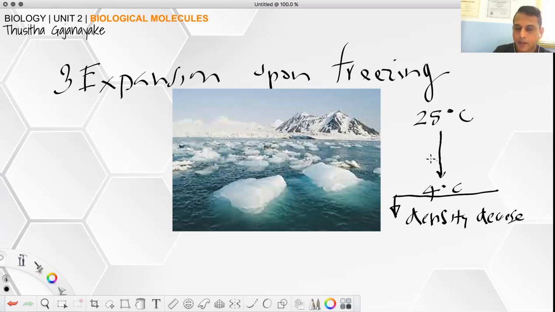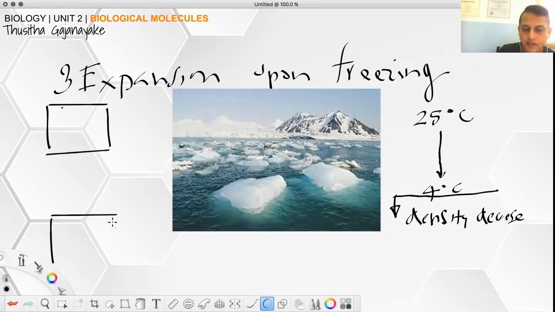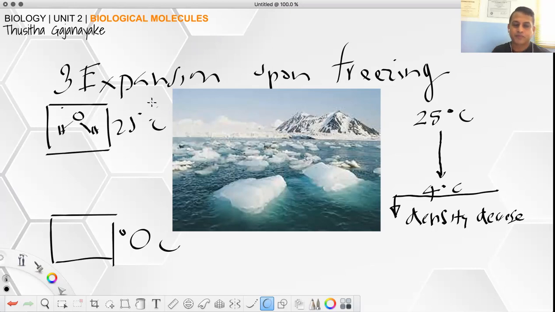Why is that? Because if we take this area and the same area at the cold 0 degree and 25 degree, and if we take water molecules, oxygen, hydrogen and hydrogen.